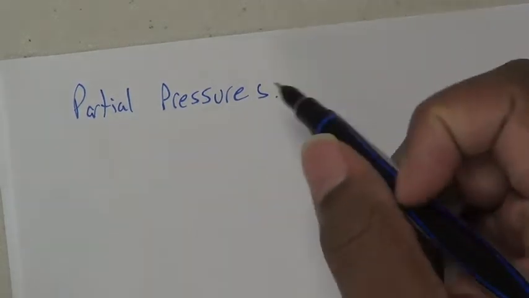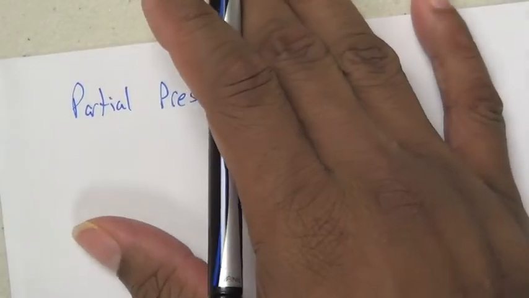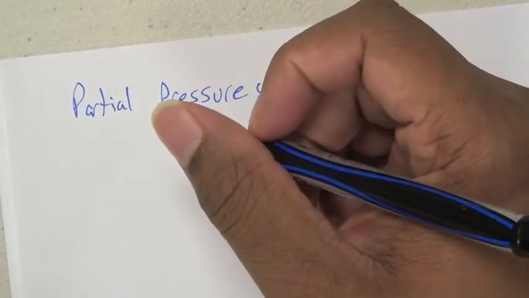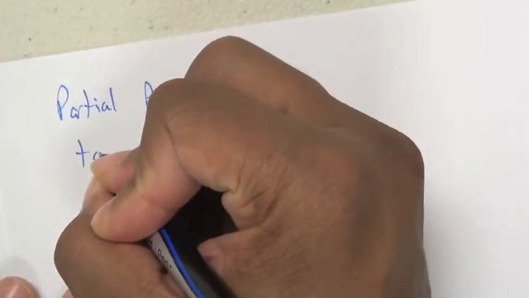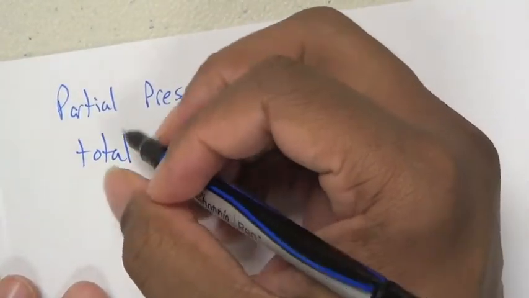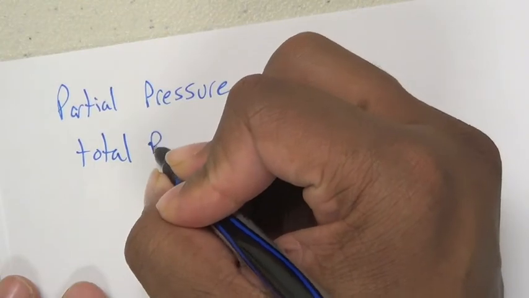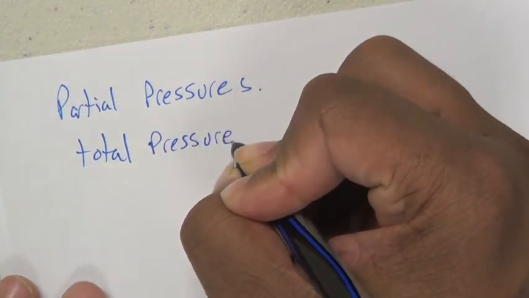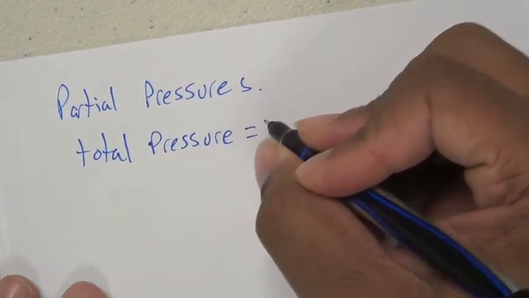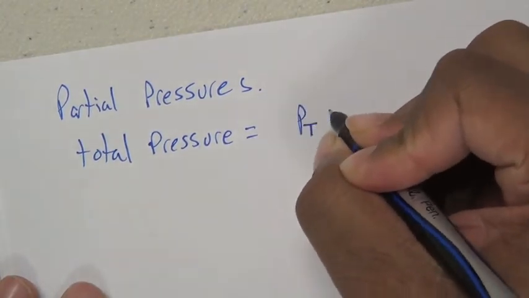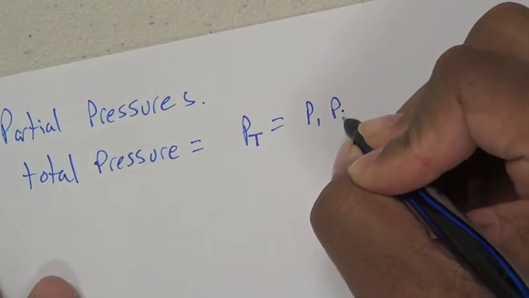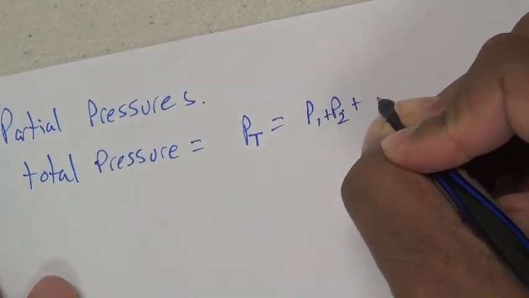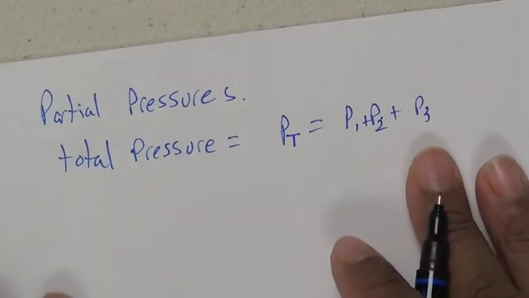Okay, partial pressures. We've seen on your POGO activity that the total pressure of a mixture of gases is equal to PT equals P1 plus P2 plus P3, and so forth.